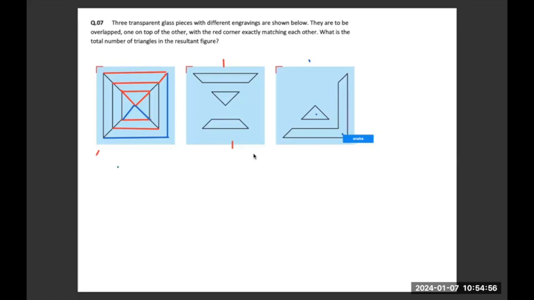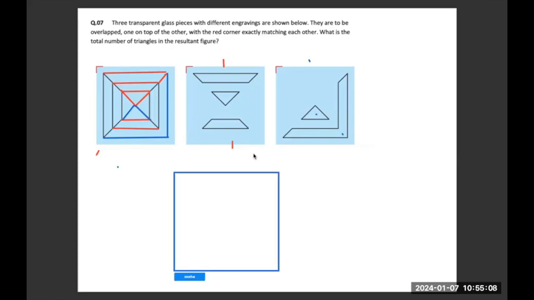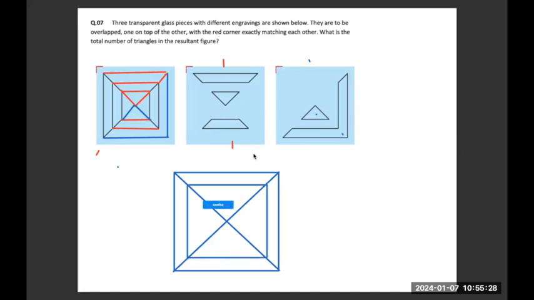So the resulting figure will actually look something like this. Yeah, it will be something like that.